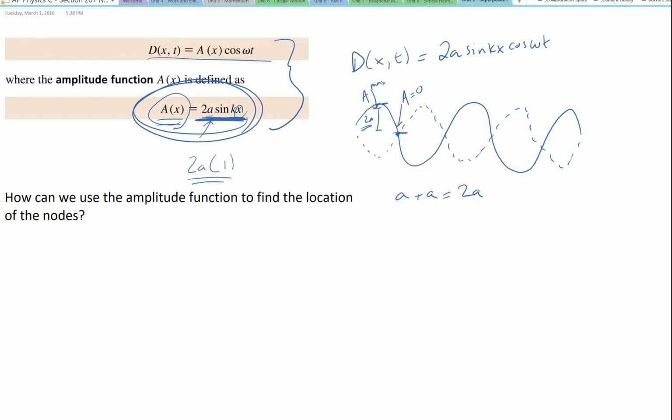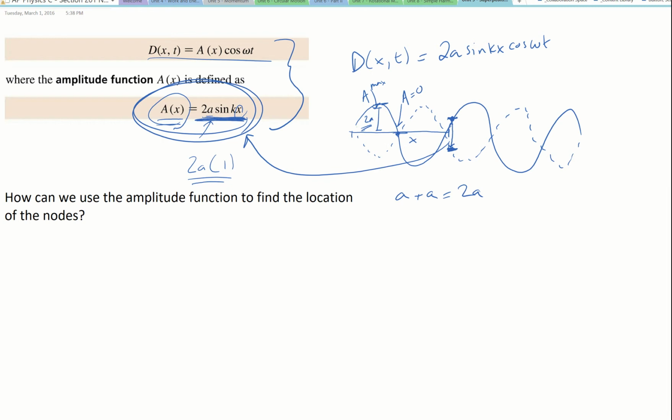So if I choose a random point here, that point is going to oscillate between these two positions. To find the amplitude of that particular point, I would simply use this function and plug in the horizontal distance for that point, and then I would find the resulting amplitude.